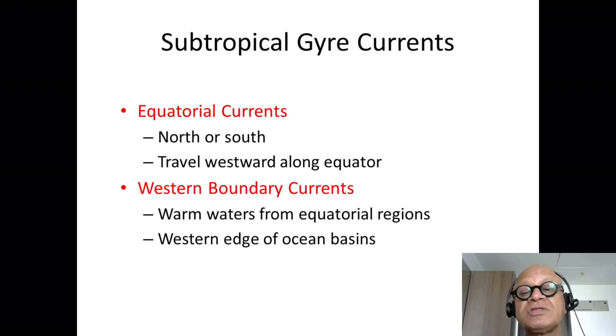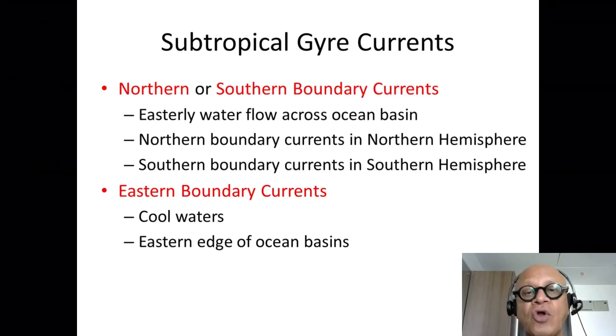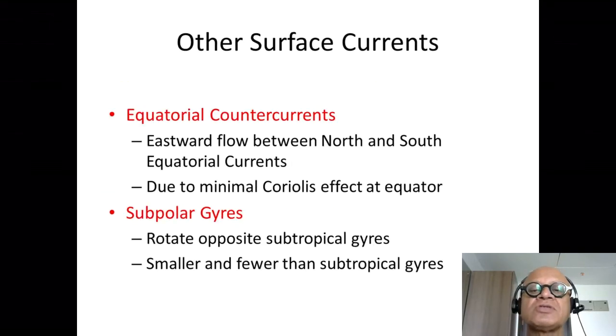Western boundary currents typically carry warm tropical waters to mid-latitudes, or they're carrying cold polar waters down into mid-latitudes, like the Oyashio current and Labrador currents are coming south, whereas the Gulf Stream and the Kuroshio are going north, right? Subtropical gyre currents, we already talked about. The other surface currents, we already mentioned.